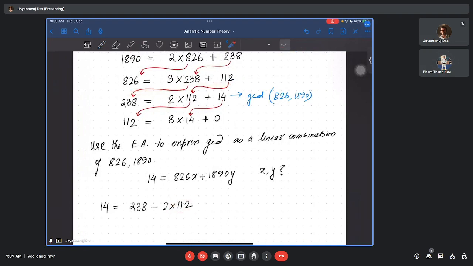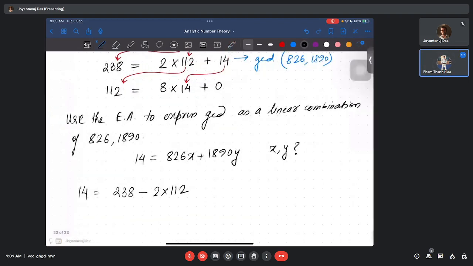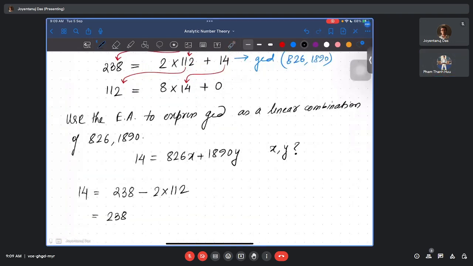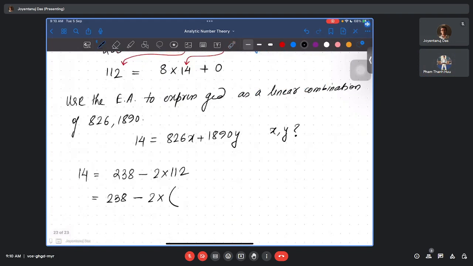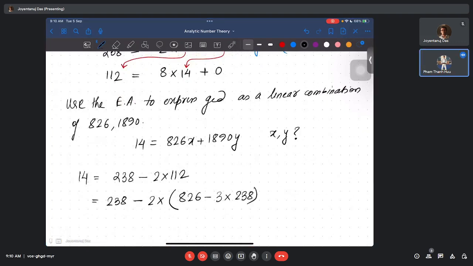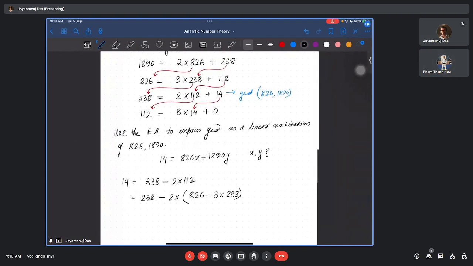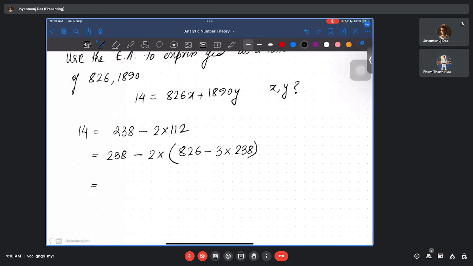So this is 238 minus 2 times 112, which will be 826 minus 3 times 238, right? This is what I get from the previous line. So now if I simplify, 7 times 238 minus 2 times 826. Clear up to this one?